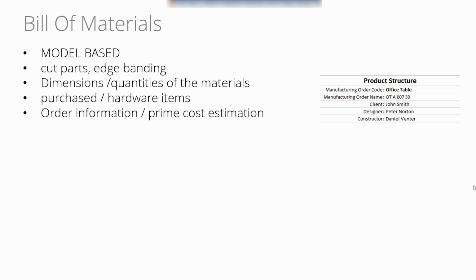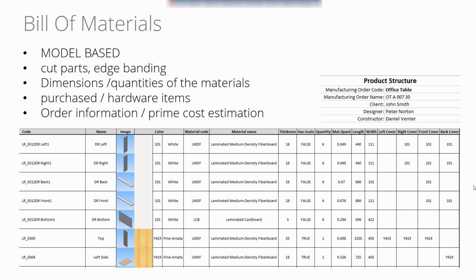We put in order information. We get information for the prime cost estimation. So basically the bill of materials of Woodwork for Inventor can look like that. Why can it look like that? Because it's template driven. Different companies have their own vision of how the specification should look, and it's a matter of the template that you are using.